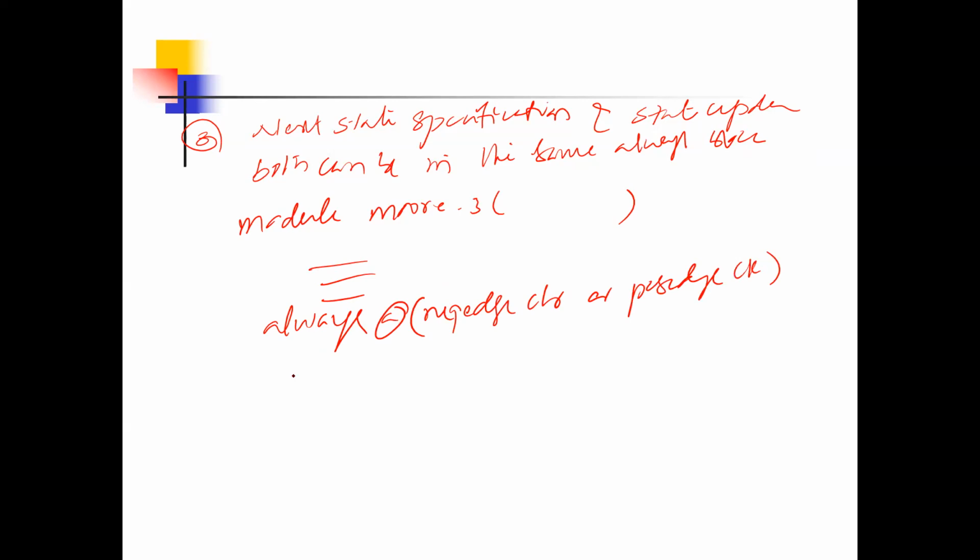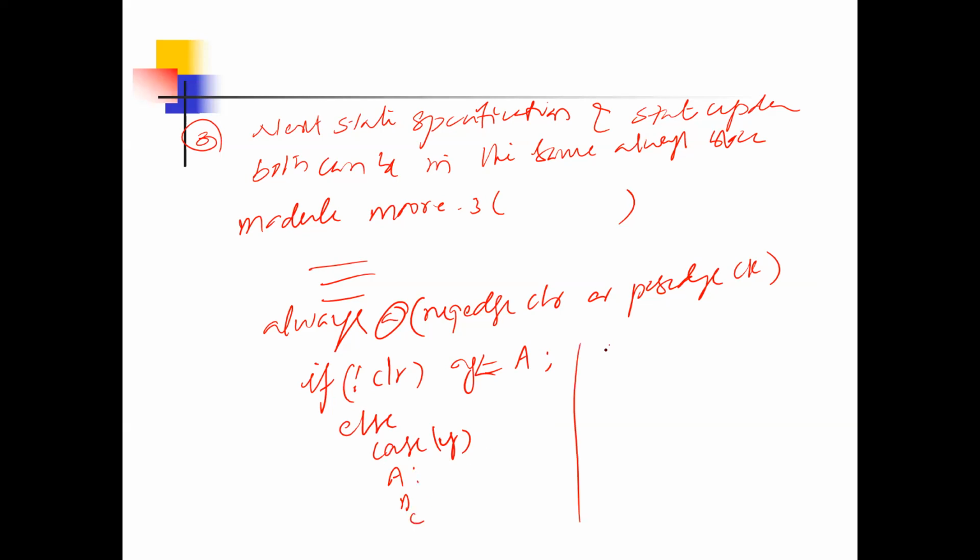First I will keep the state updation: if clear is 0, then y = A. Else, start the case (y), with A, B, C, D, E, F, then default, everything as it is. So endcase.